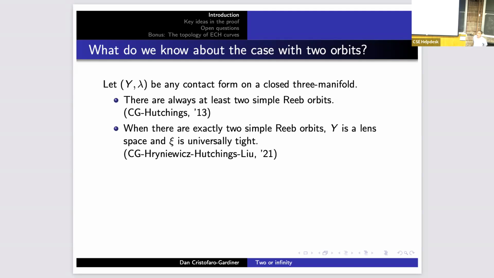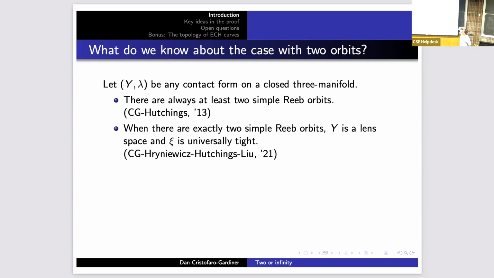To put this in some context, remember HWZ, we're asking about the tight contact structure on the three-sphere. That one does indeed have two or infinitely many orbits, but there are all these other contact structures, the over-twisted ones. This theorem combined with our other theorem says that every contact form on all the over-twisted contact structures on the three-sphere has infinitely many Reeb orbits.